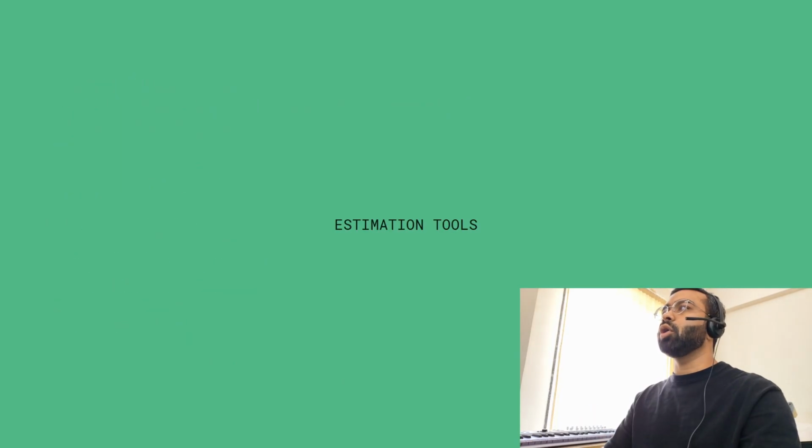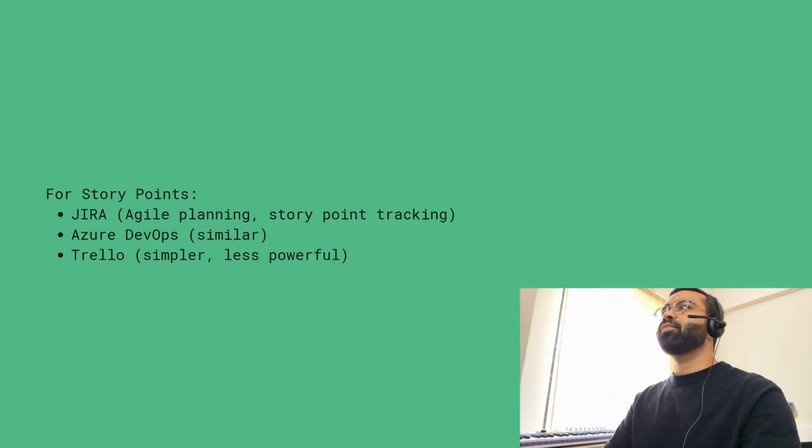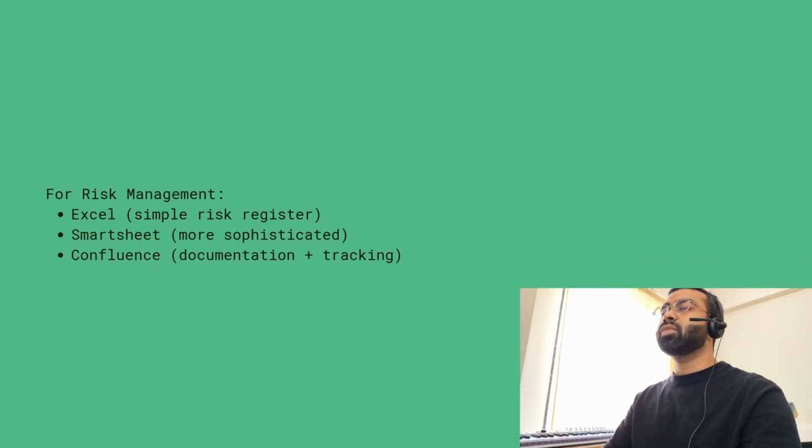Before we end the module, here are some of the tools to help with your estimation. For story points, you can use Jira, Azure DevOps, or Trello. All of these are very popular and are being used by the organizations. For risk management, Excel, Smartsheets, Confluence, whatever is best for you.